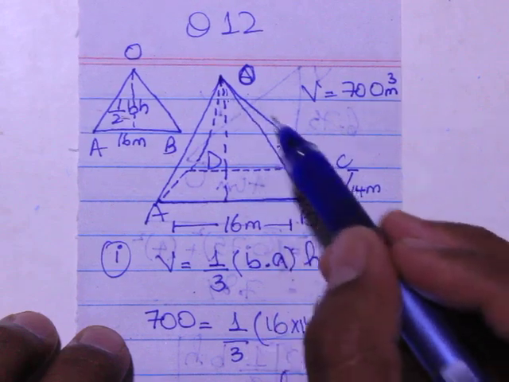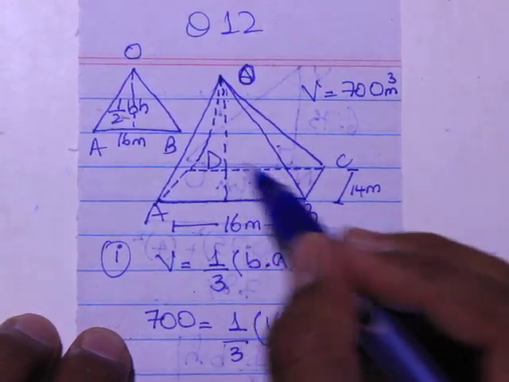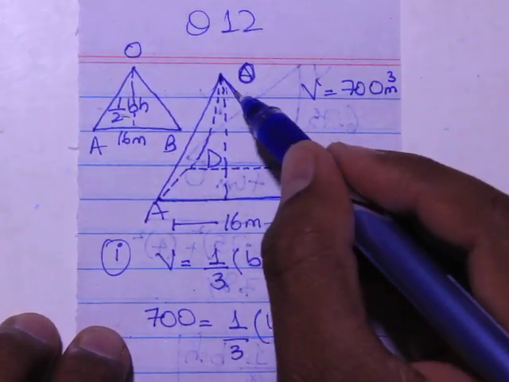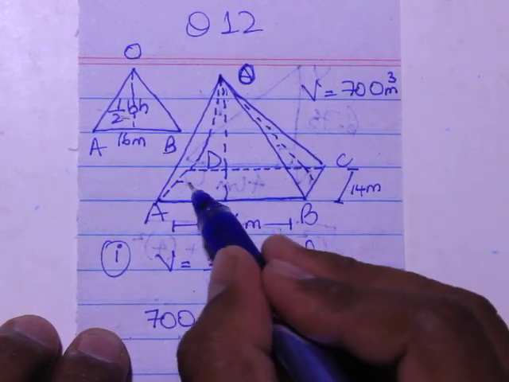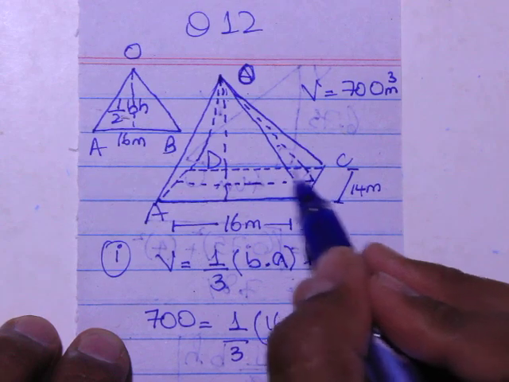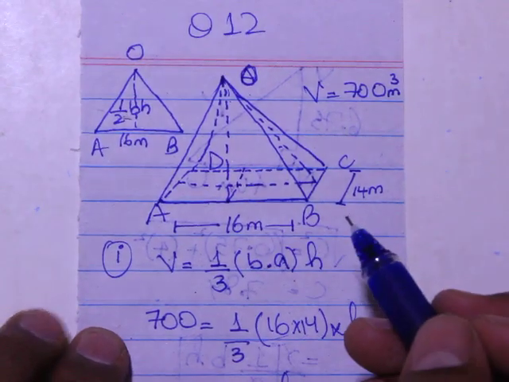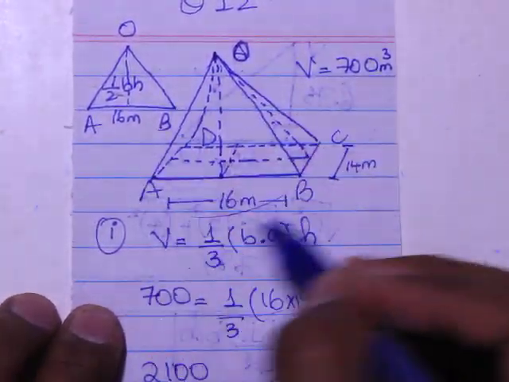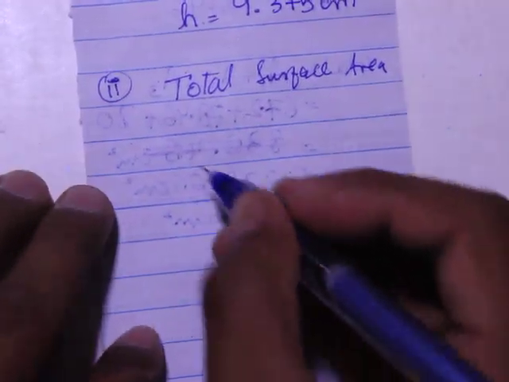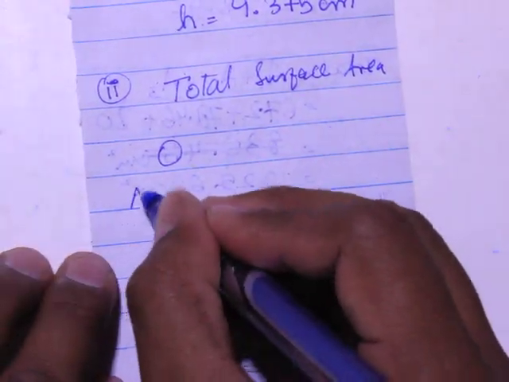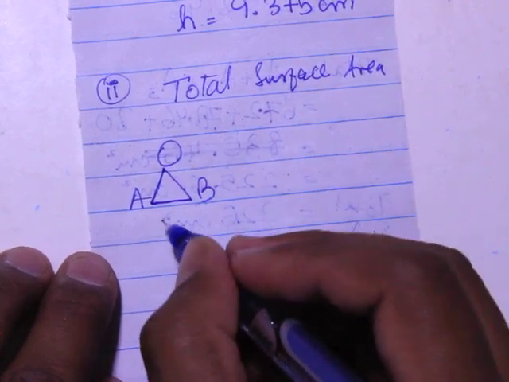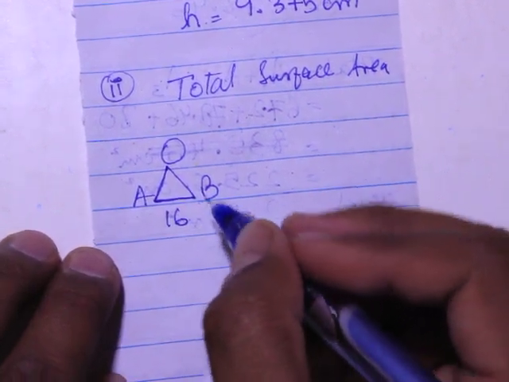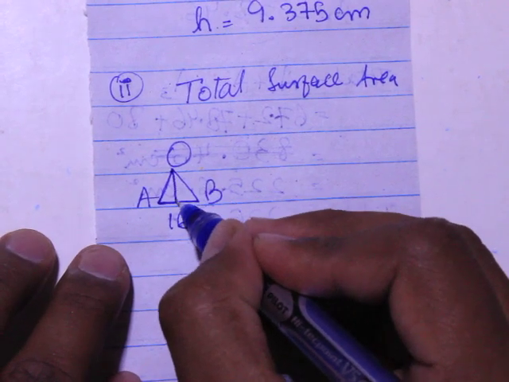So for the slant height, for both the faces, for this one and for this one as well, we want the slant heights. For the slant height we will go with the Pythagoras theorem. Let me take only OAB, O, A and B. If I have this shape, this is 16 meter, and we want this height.